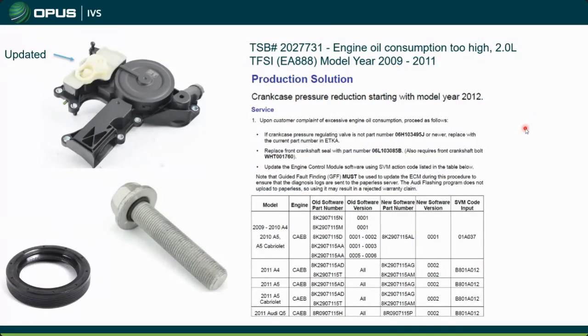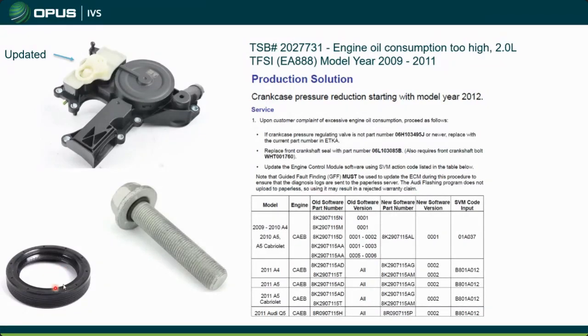It was a very common thing. Oil consumption was a big problem, and they came out with this TSB. And what was the TSB? The TSB was to replace the breather valve. When you replace the breather valve, you also had to replace the crank pulley bolt and seal.